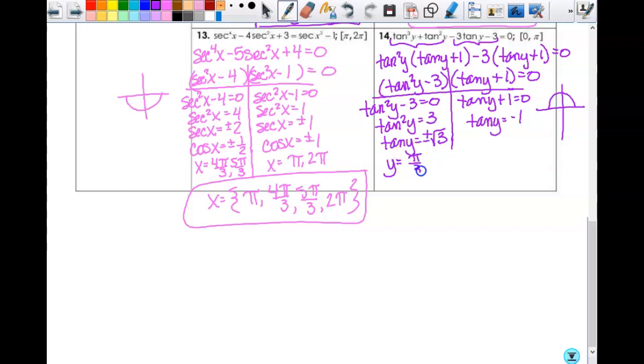Pi thirds and 2 pi thirds. And when in there would tangent be negative 1? 3 pi fourths. Very good. All right, so then y is equal to, we know pi thirds comes first. What comes next? 2 pi thirds. Good. Got to kind of picture the unit circle. And then 3 pi fourths.